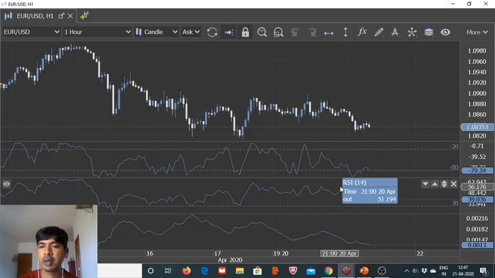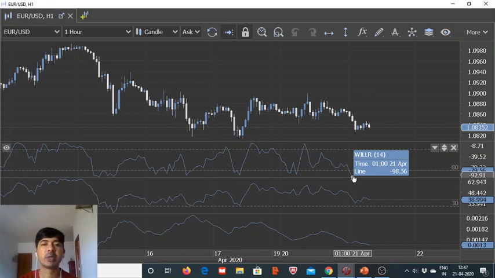The scale is inverted for the Williams R and we want it to have been in an oversold territory for at least couple of hours, and for that we are bringing in this condition.